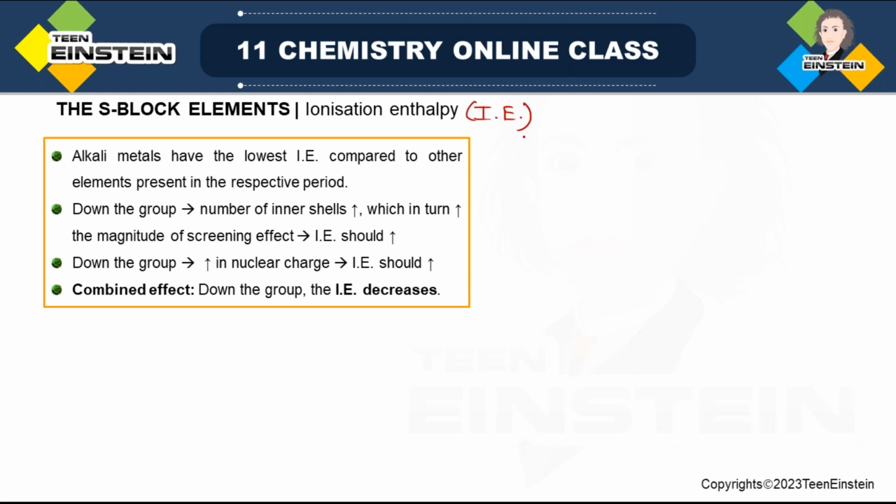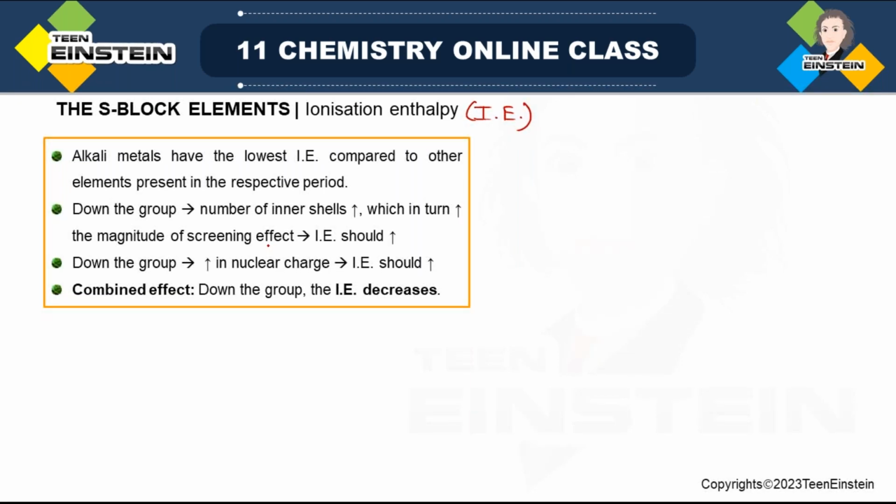Ionization energy means the energy that you have to provide to remove the most loosely held electron, right? So in that particular period it will be easier for the alkali metals, the first member. Suppose you choose the third period, sodium is the first element, so they will have the lowest IE, that is ionization energy.